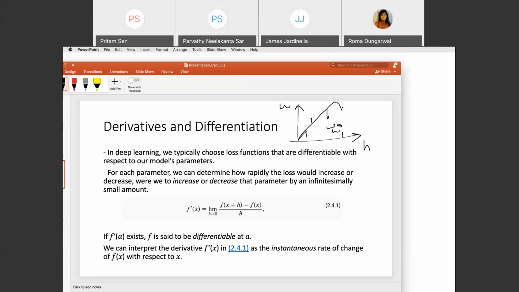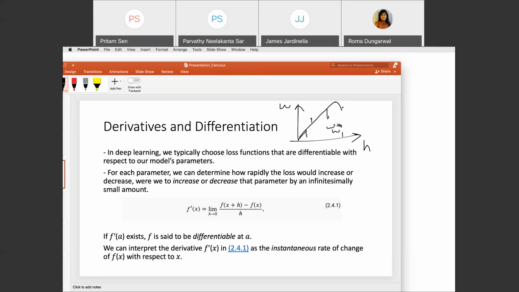Loss function means how much error we are getting for these parameters. We can change W0 and W1 again, get a different line, and calculate the loss again. So the loss function depends on the W0 and W1 parameters here. We can vary each parameter and calculate the loss function again.